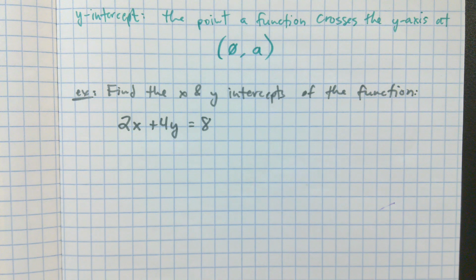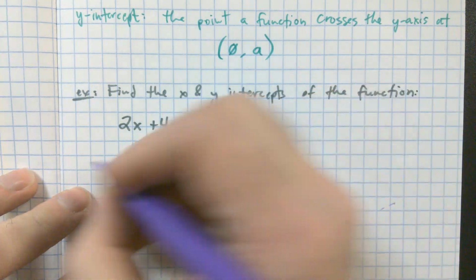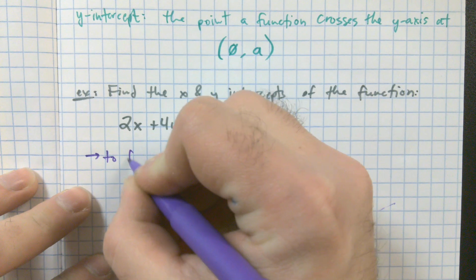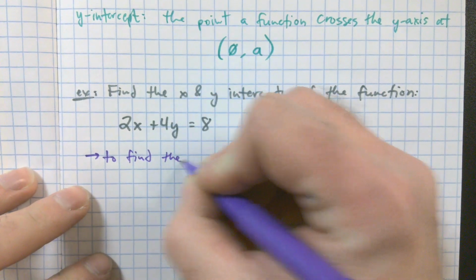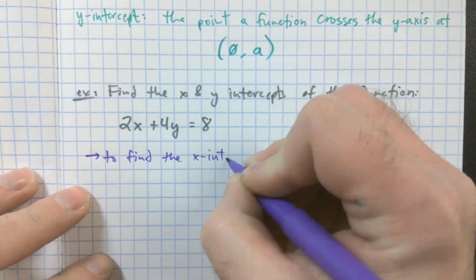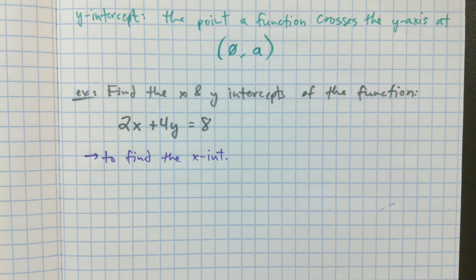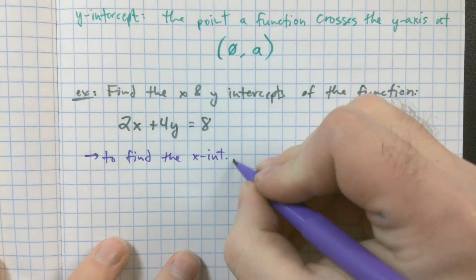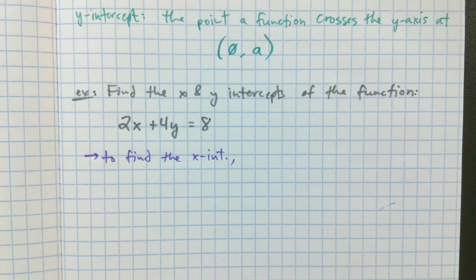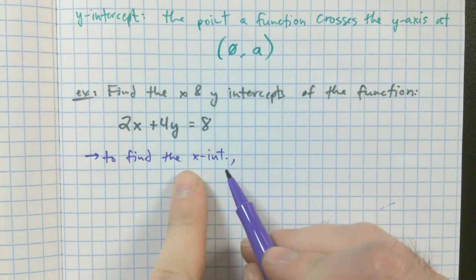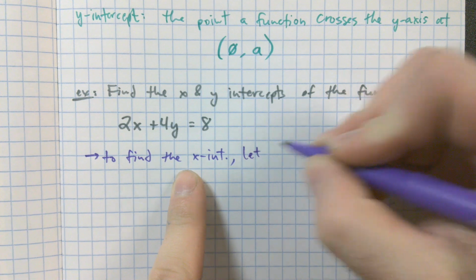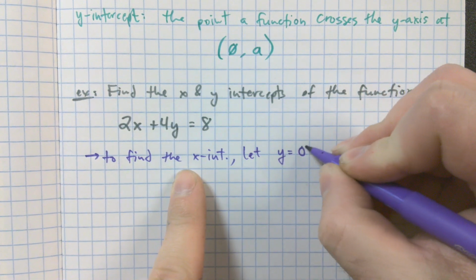Let's start with the x-intercept. If we want to find the x-intercept, I'm going to call it xint for short. Again, we're thinking in terms of opposites. If I want to find the x-intercept, I'm going to let y equal 0.